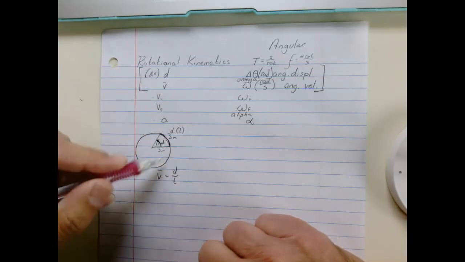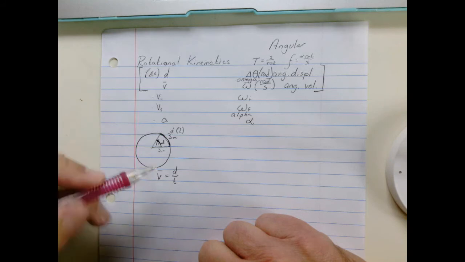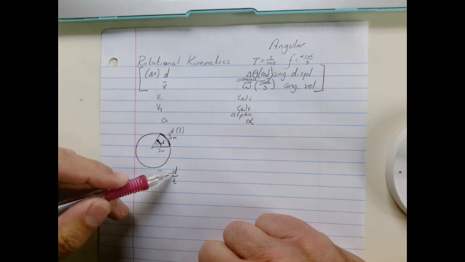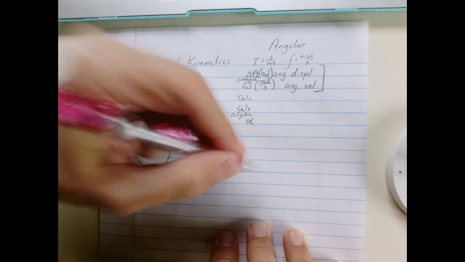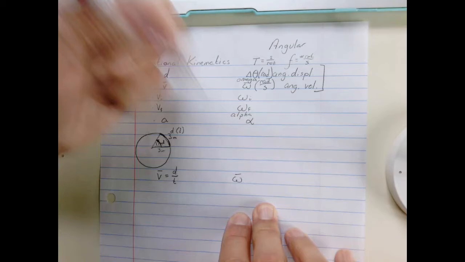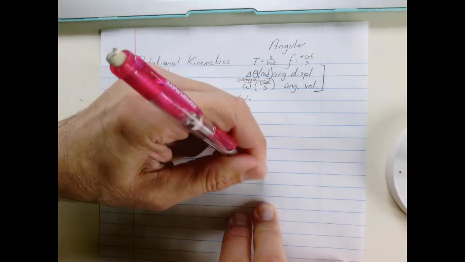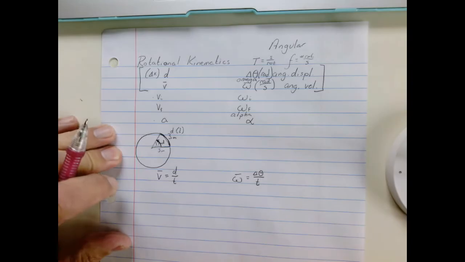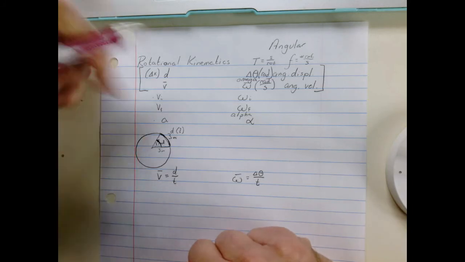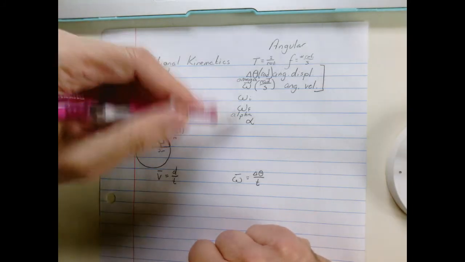They're not really vectors in the linear sense. So we talk about tangential velocity is how far around the circle it went divided by time. Well, the average angular velocity is just going to be the angular displacement, what angle it went through, divided by time. In fact, you're going to see, and this is just foreshadowing, all these equations that we had with these, we can use with these.